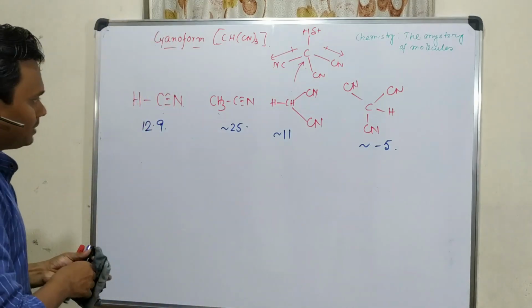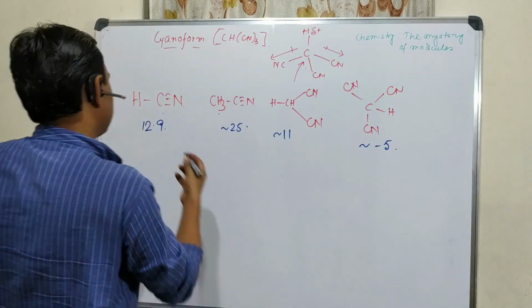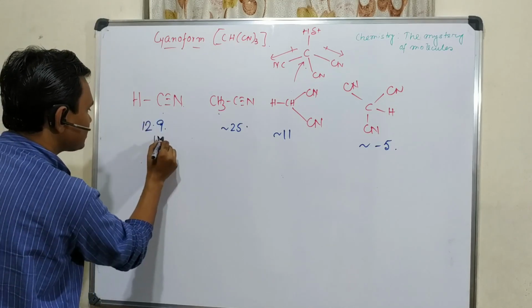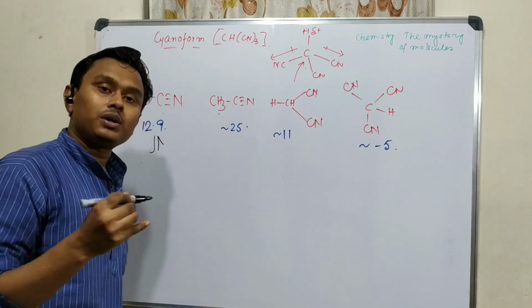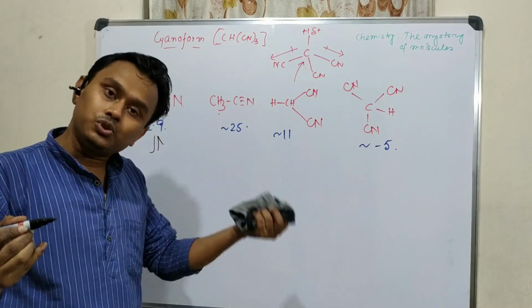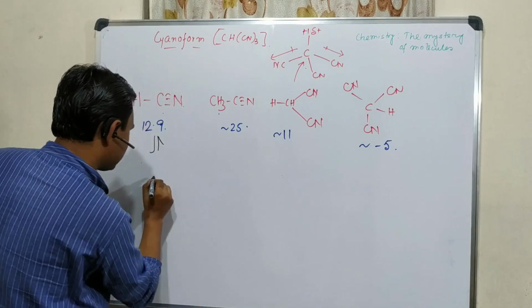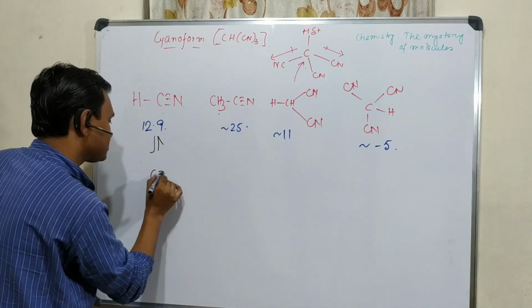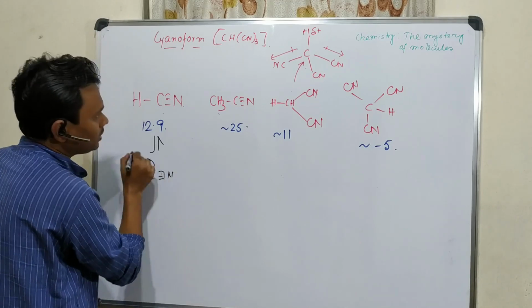So what happens here, if we check the corresponding conjugate base? When we want to describe acidity, we should check the stability of the conjugate base. In this way it is easier to understand. The conjugate base is cyanide, CN minus.